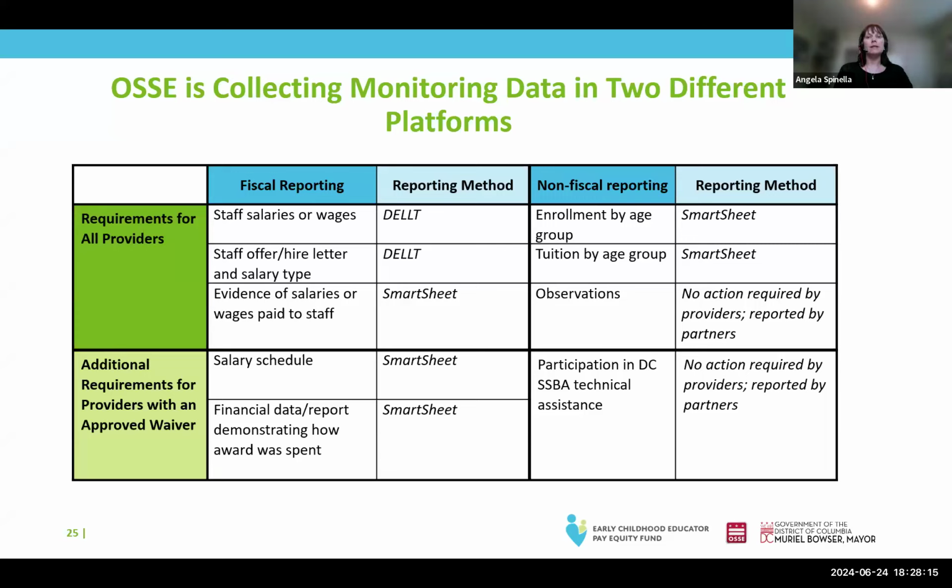OSSI recognizes that using multiple platforms to submit required documentation may create an additional layer of complexity and work for child care providers.